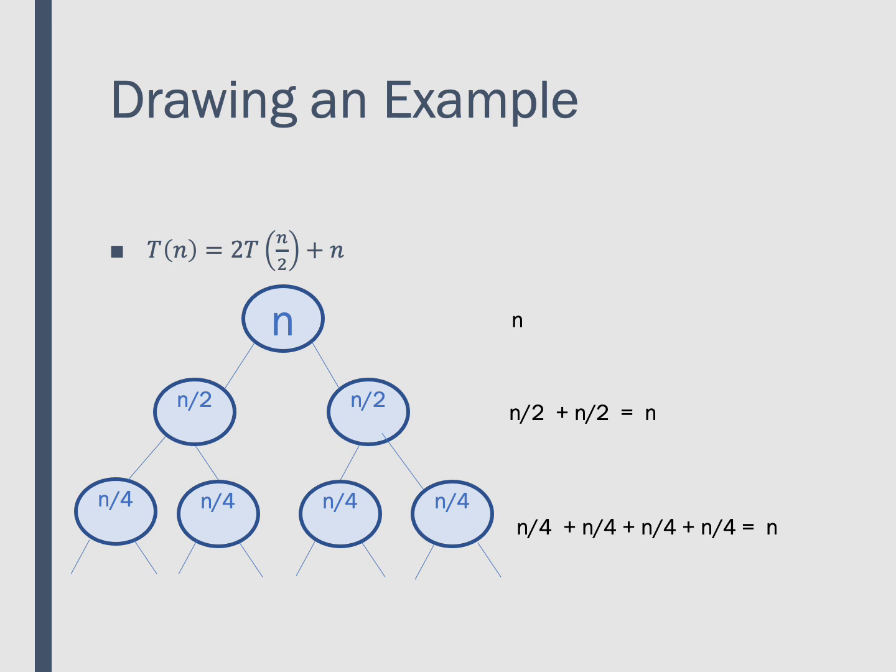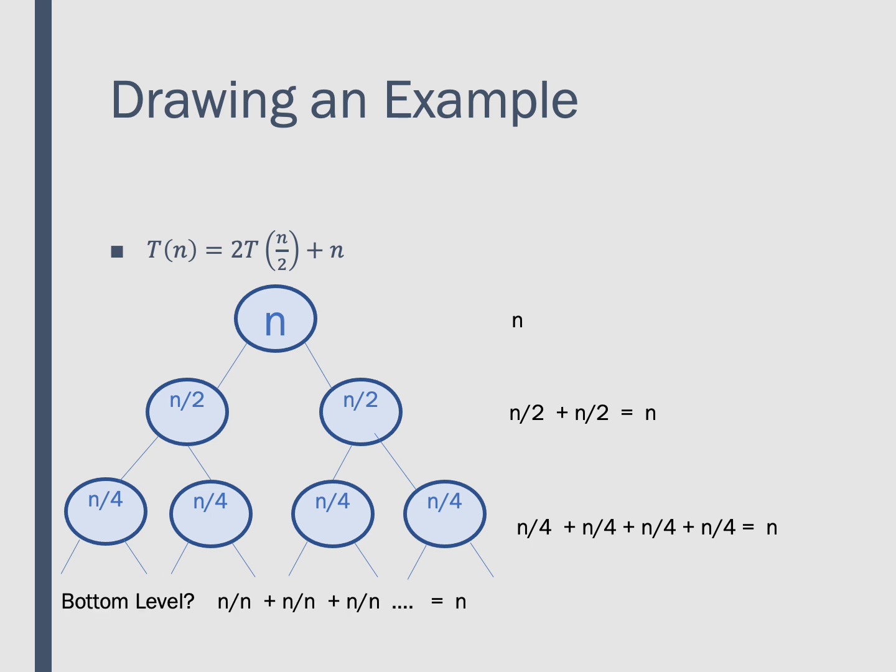If you look here, the first level is n, then the second level we have n by 2, and the third level is n by 4. So the bottom level will be n by n, n by n.